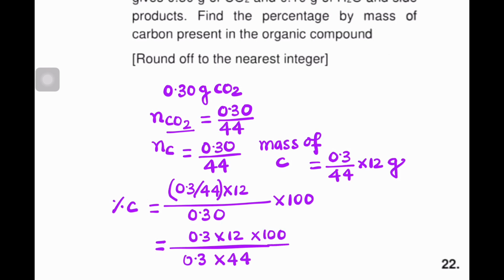Now this 0.3 and 0.3 will get cancelled out. Now we have 1200 divided by 44, and that will be 27.27. So that is going to be the correct answer in this case.